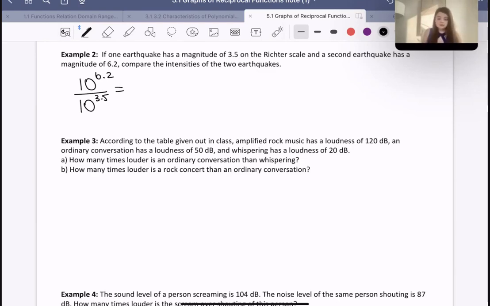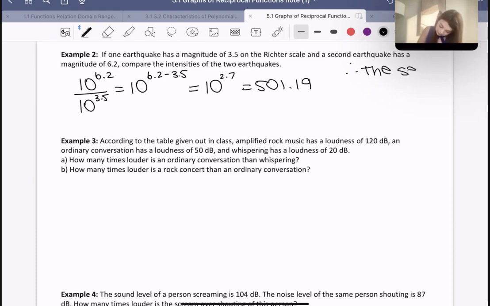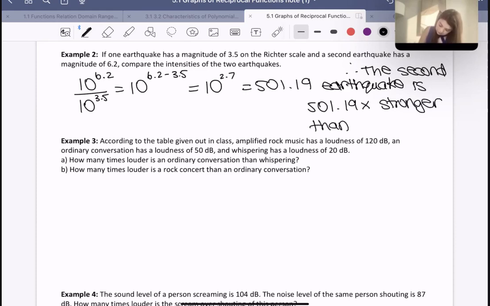So that means we have 10 to the power of 6.2 minus 3.5, which is 10 to the power of 2.7, which is 501.19 approximately. So therefore, the second earthquake is 501.19 times stronger than the first.